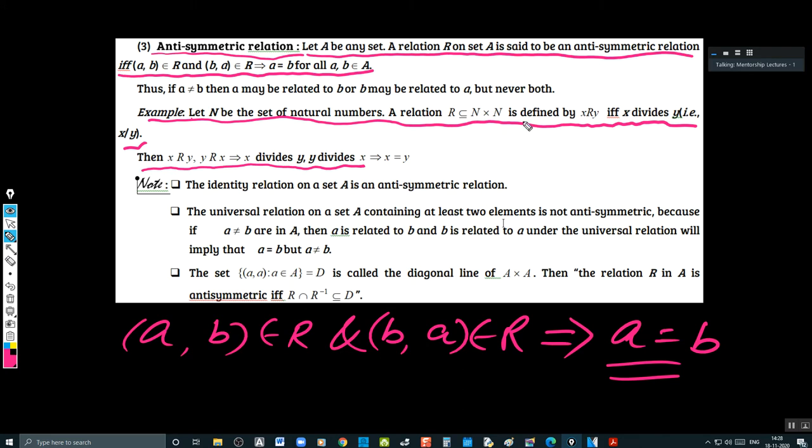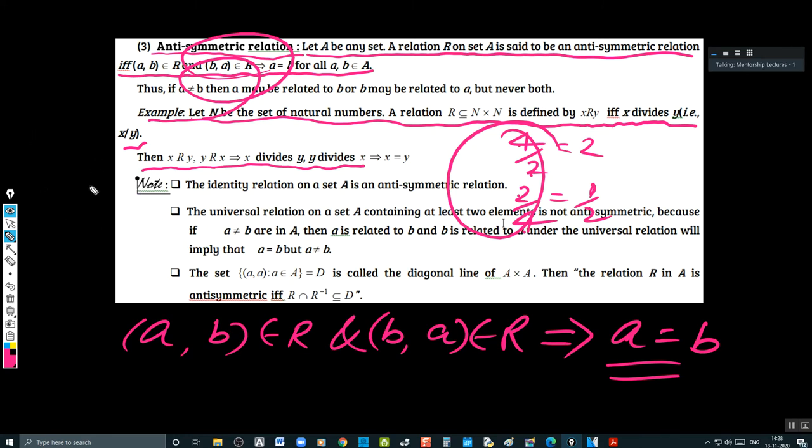For example, 2 divides 4, correct, no? 2 divides 4, but 4 divides 2 means it is not equal. But if it is to be anti-symmetric relation, what must happen? Numerator is divided by denominator, and again denominator divided by numerator is possible only when both are equal. That is nothing but the anti-symmetric relation. Understand that, please.